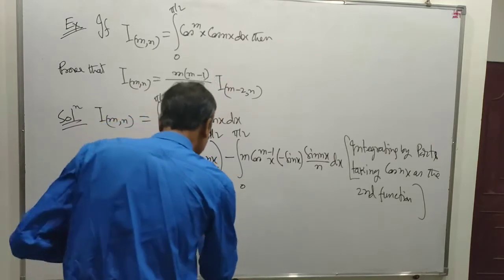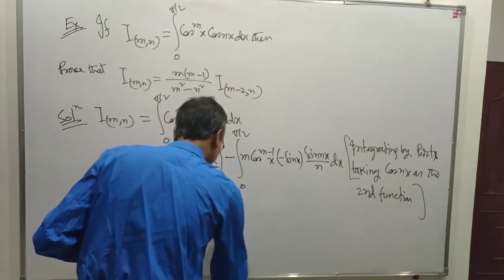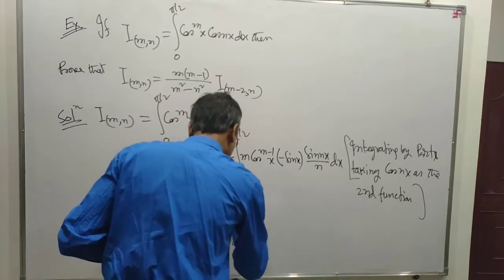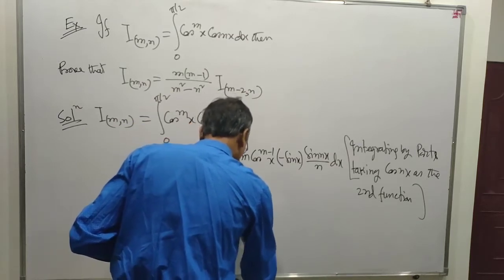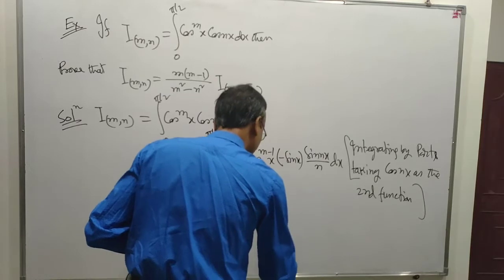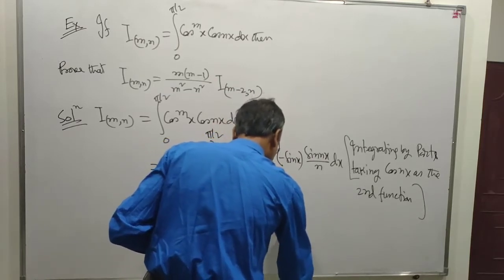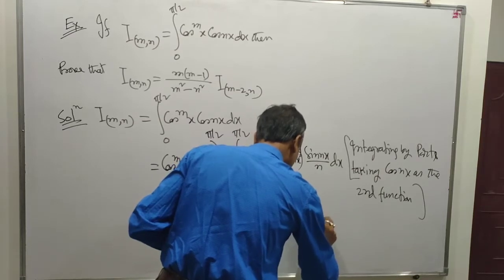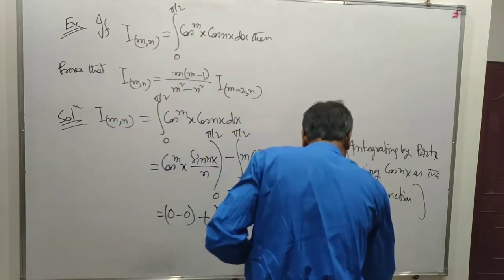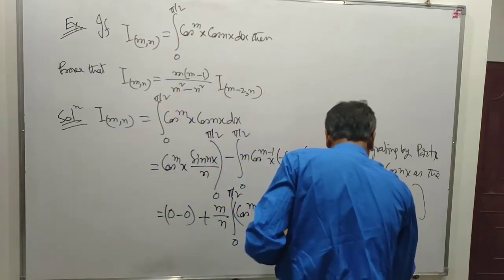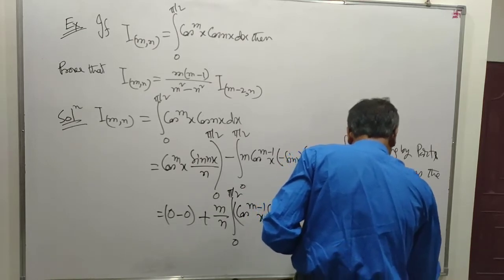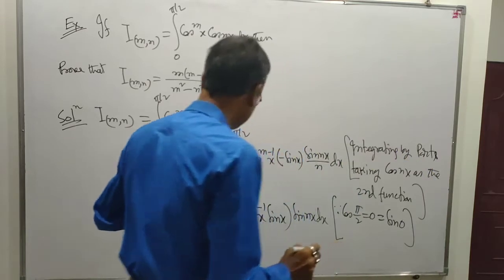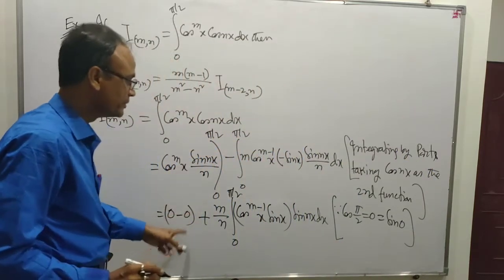Plus m by n, the integral from 0 to pi by 2 of cos to the power m minus 1 x sin x into sin nx. Since cos pi by 2 equal to 0 and also sin 0 equal to 0, these terms will be equal to 0.